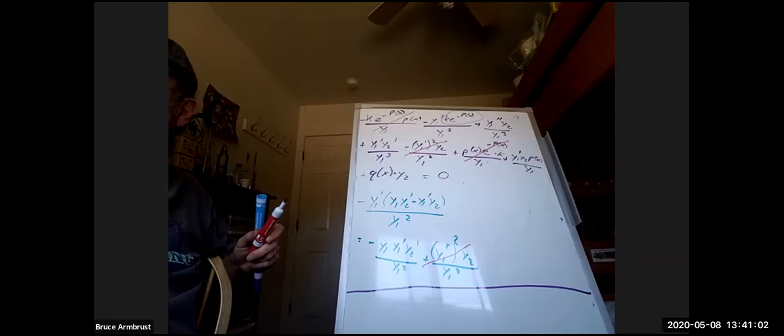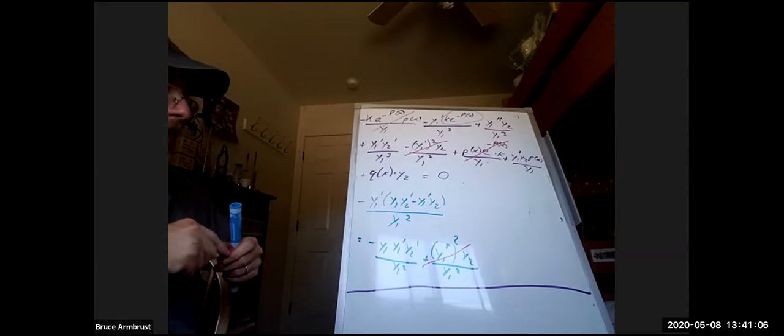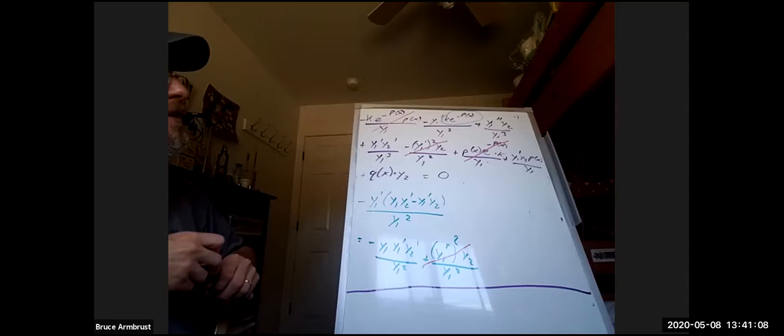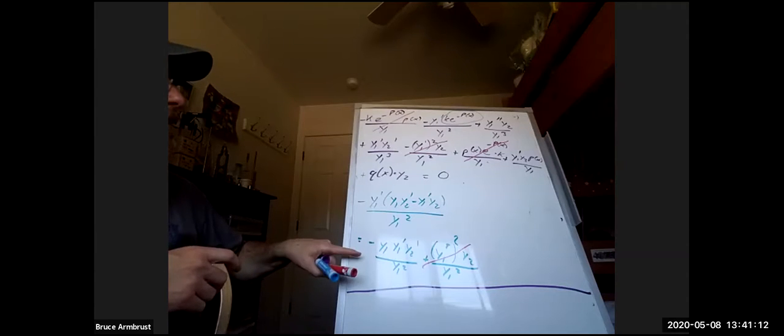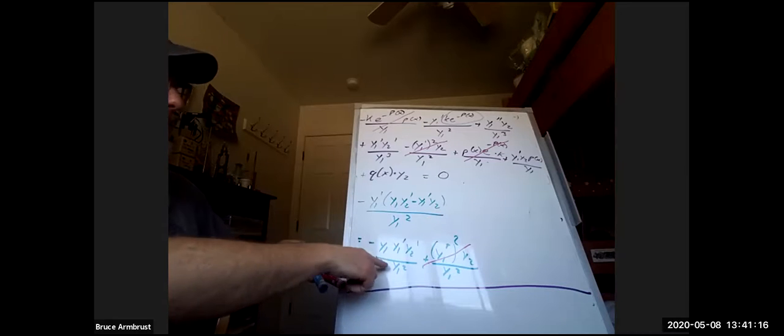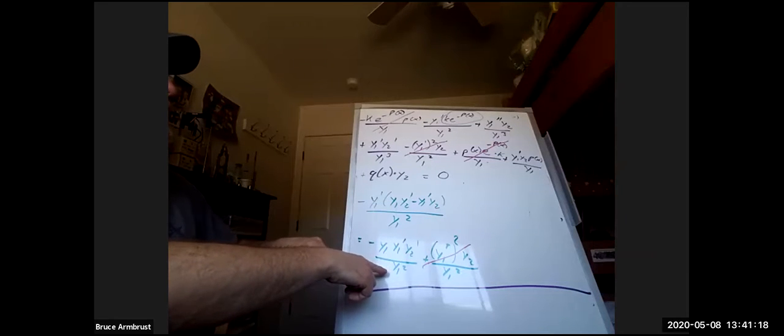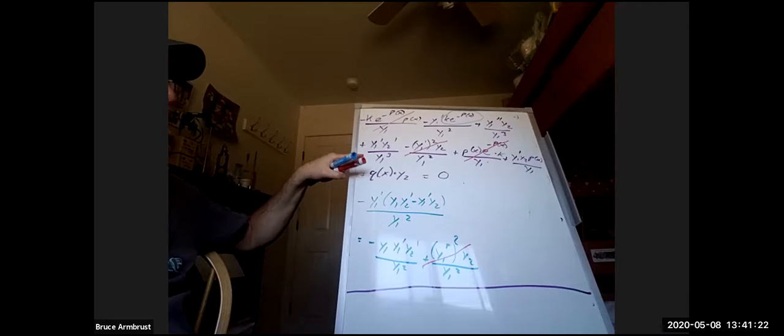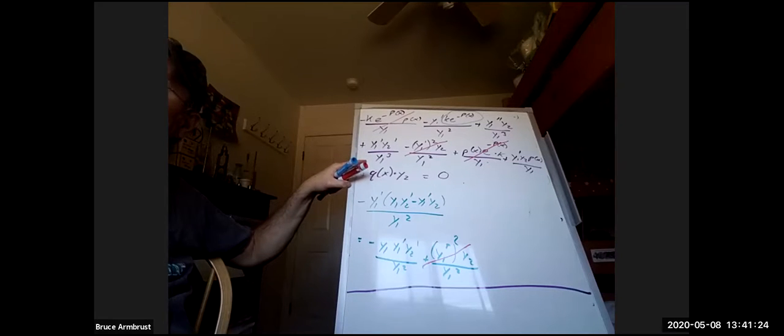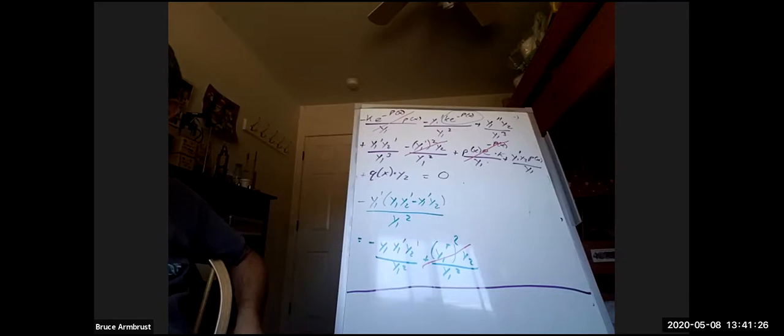And this really sucks because I've erased everything. Because the y1s cancel, which actually gives me a y1 on the bottom instead of a y1 cubed. Maybe when I built this, did I put a y1 on the bottom when it was supposed to be on the top? That's a legit question.